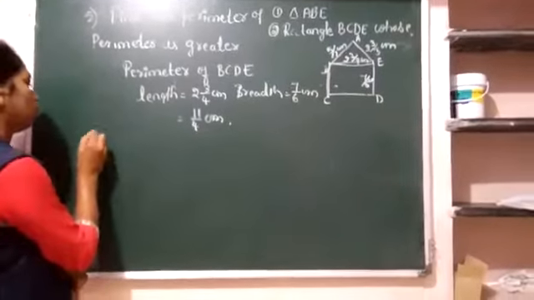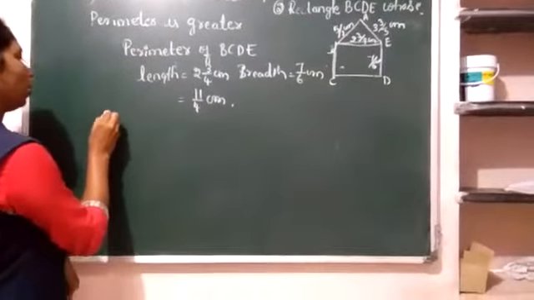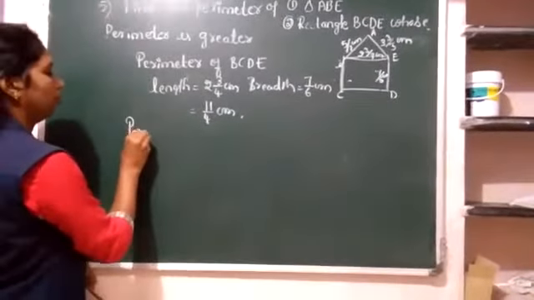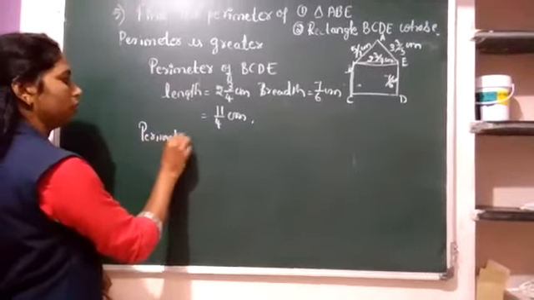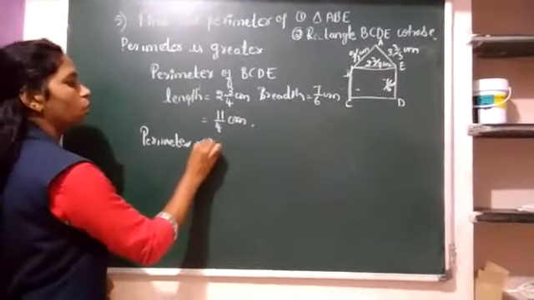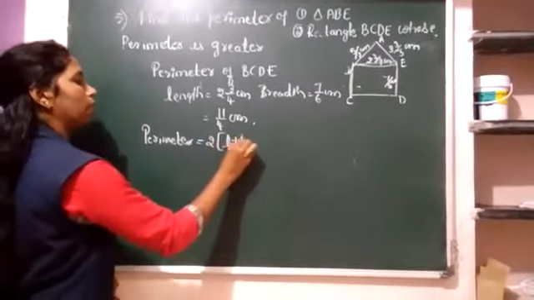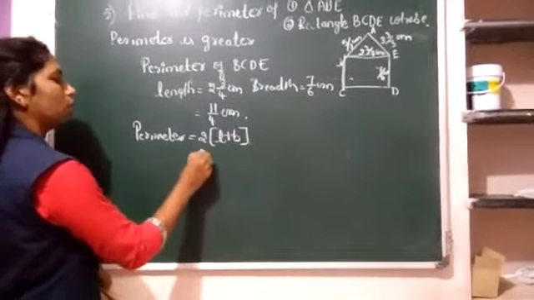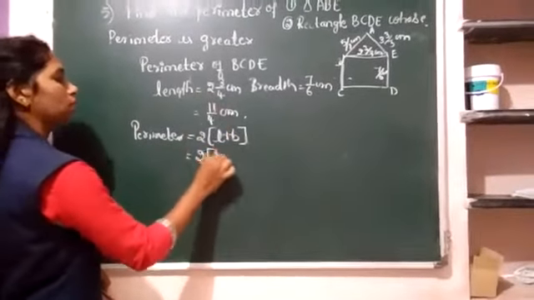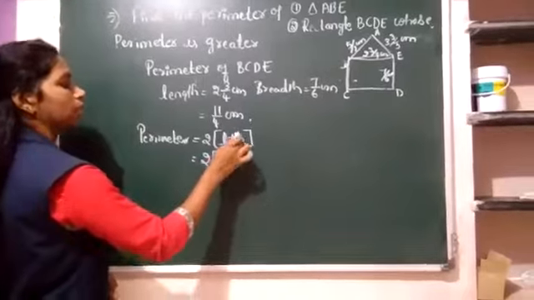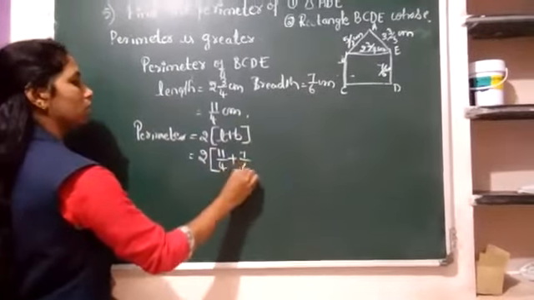You know the formula. Perimeter of a rectangle is equal to 2 into bracket L plus B. Now L means 11 by 4 plus breadth means 7 by 6.